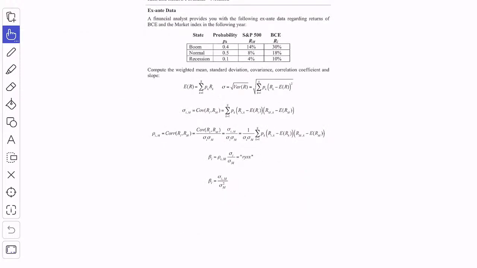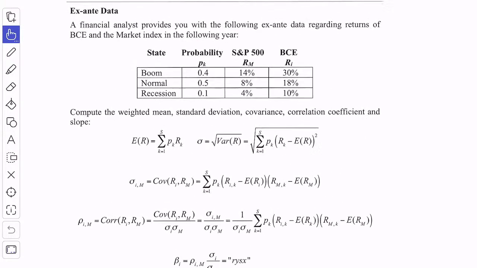And then here is for ex ante data. Again, I give you the same distribution, and I just rewrite the notation. Weighted returns, the weighted average, the weighted variance, or standard deviation, square root of the variance, the weighted covariance.